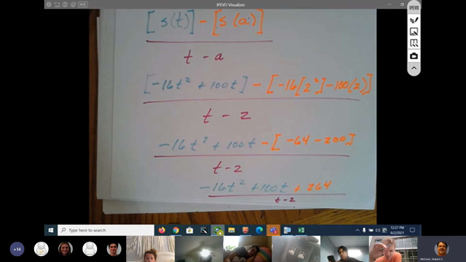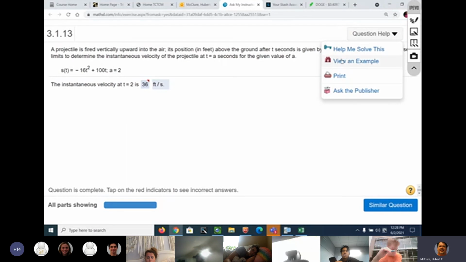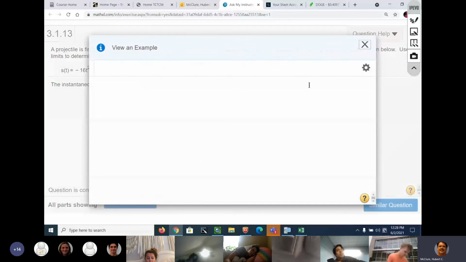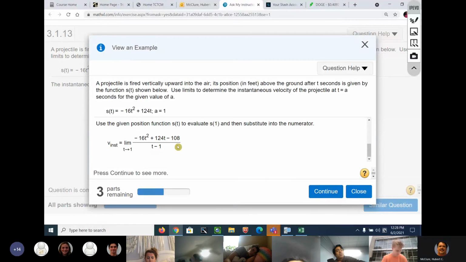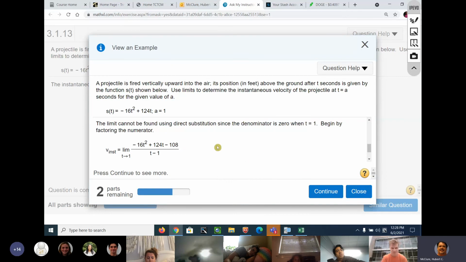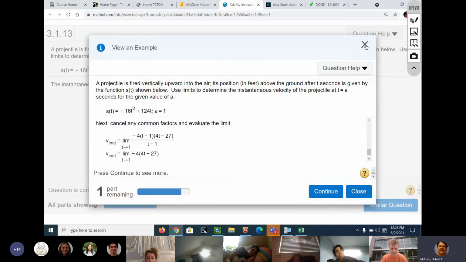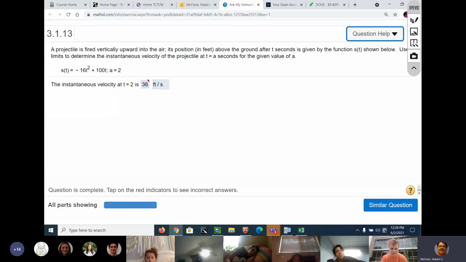Now, I don't know if they want to keep going. Let's see what they did, because like I said, I don't do a lot of instantaneous velocities. Did they keep going? Okay, they got that, and we got that, and they do want to factor. So we'll factor out. You can factor out something good there because they're all even.